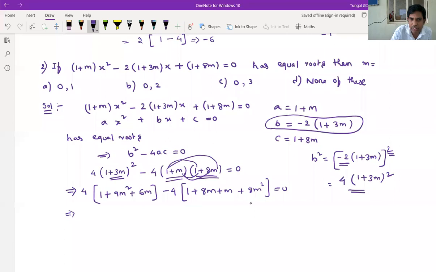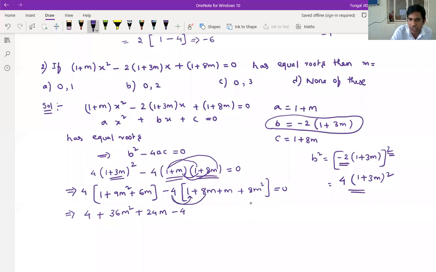Next, now simplify. 4 into 1 nothing but 4. 4 into 9m square nothing but 36m square. 4 into 6m nothing but 24m. Next, minus 4 into 1 nothing but minus 4.